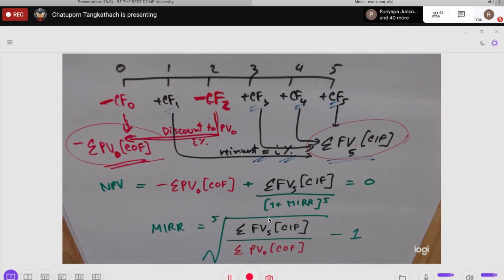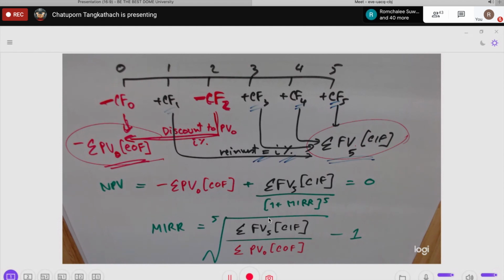Page 21. For page 21, I would like you to compute MIRR for project S. Let me put the timeline on.